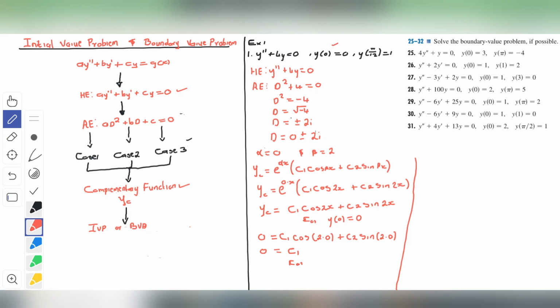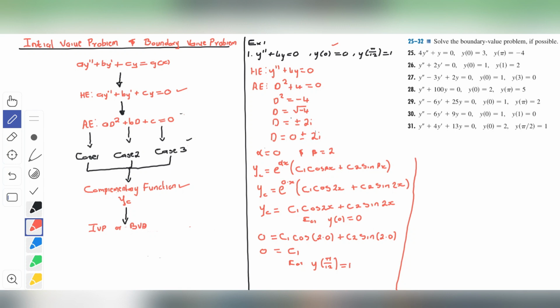Therefore, for y of pi over 12 equals 1, you can see that here we don't have the first prime or the derivative, so we are not going to derive. We're just going to substitute as they are. Where we see y, we replace it with 1, and where we see x, we replace it with pi over 12.